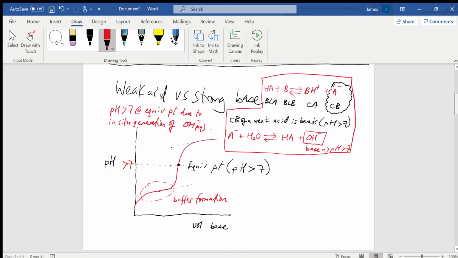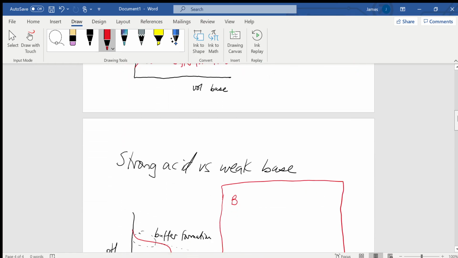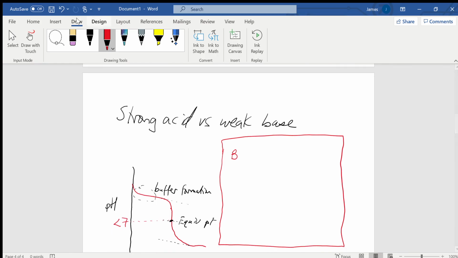Yeah, it would essentially be the same. There's no point trying to draw it differently. I'll just recreate that again. So we'd have BH plus and A minus.